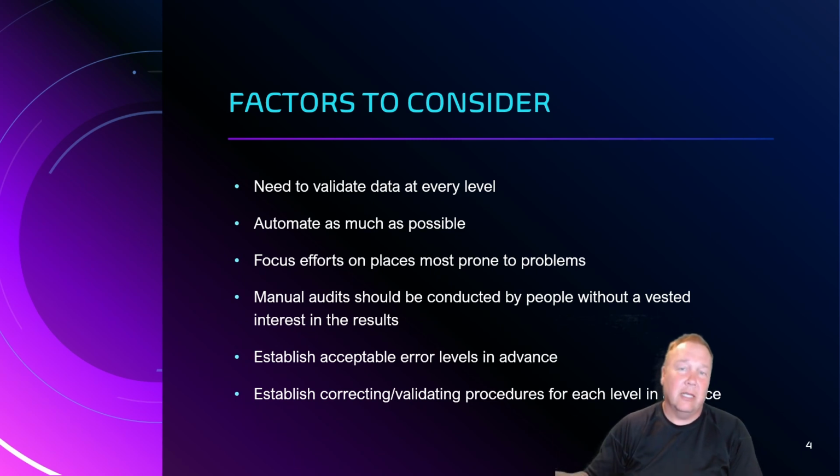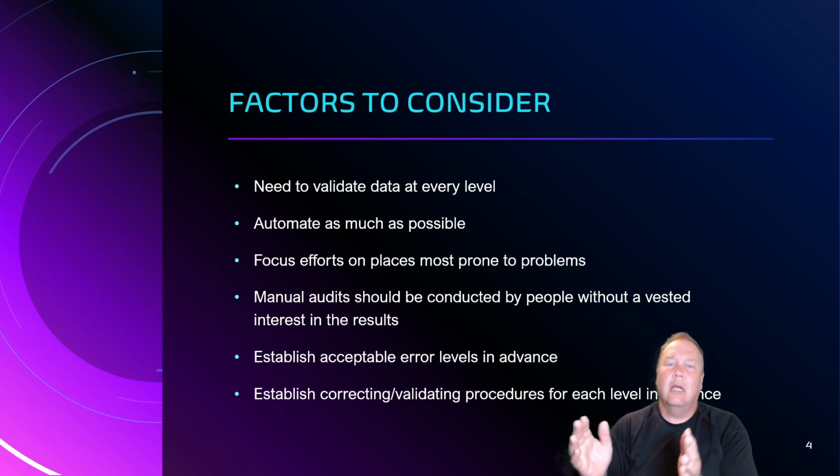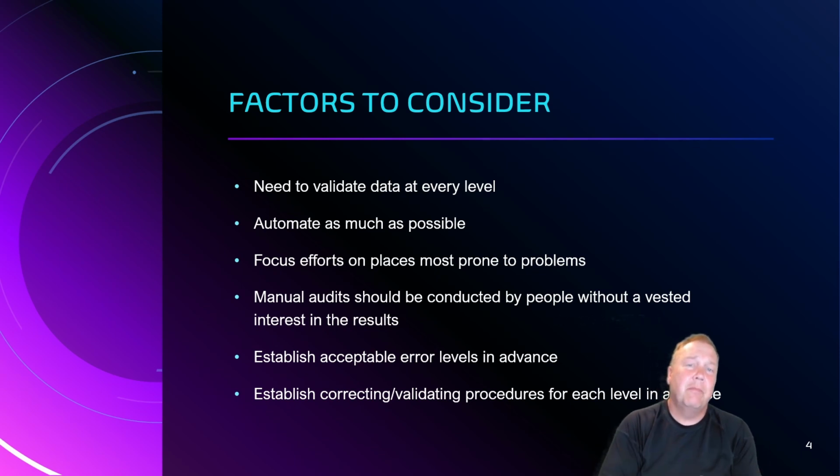You need to separate the audit from the people who are actually responsible for doing the work, and ideally separate the work so that the auditors aren't necessarily even compensated by errors found. You want an accurate audit, and if it finds errors, that's fine. You don't want to pay them to find errors necessarily.